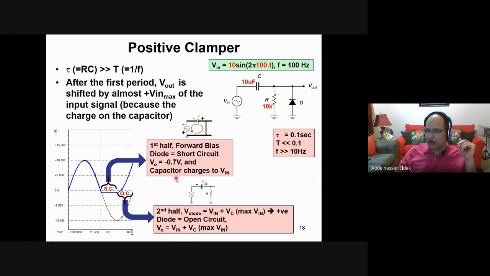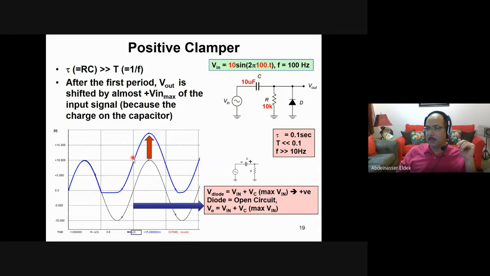Next part here, from this point now, when the input voltage is positive, the voltage here is higher than the voltage here, then the diode is open. So you have this circuit here, and it will continue like this even when it is negative.